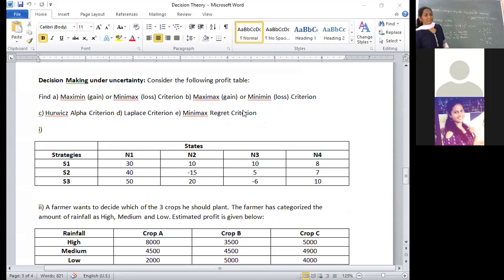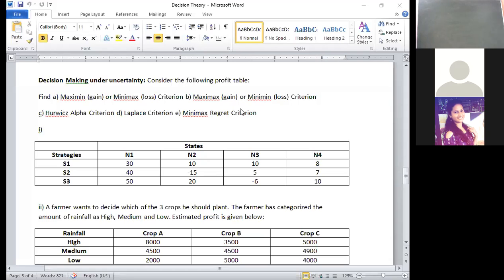Okay, go through the first bit. 5 minutes remaining. How much can we do? Okay, profit table is given. That means payoff matrix is given without probabilities.